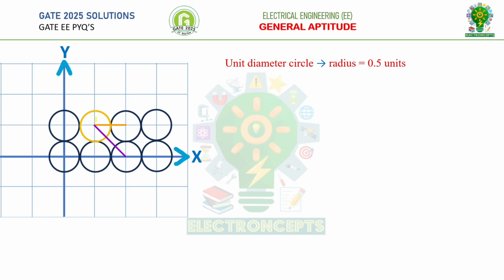Now, we need to calculate the distance x. The distance x is equal to the sum of this circle's radius and this circle's radius, which is equal to 0.5 plus 0.5, that is equal to 1 unit. Now, to calculate the distance to its next nearest sphere, we need to consider this square.